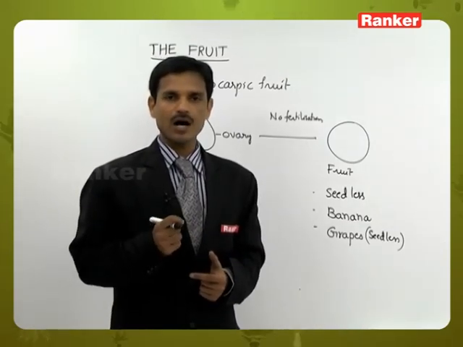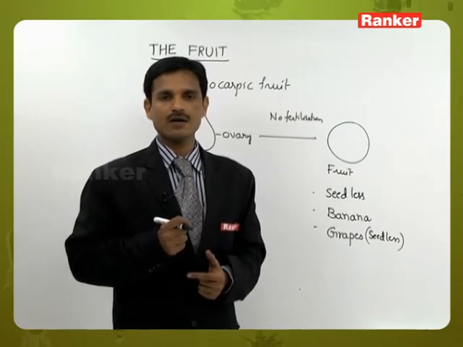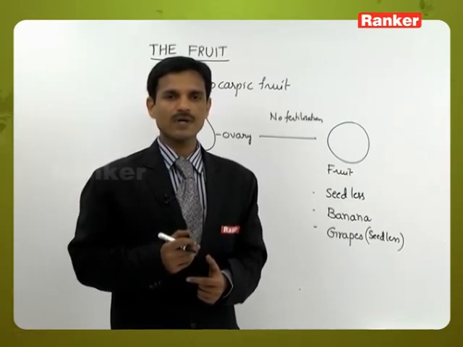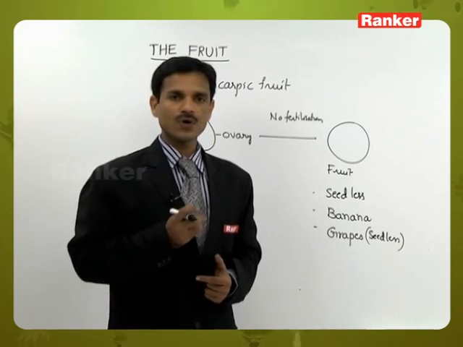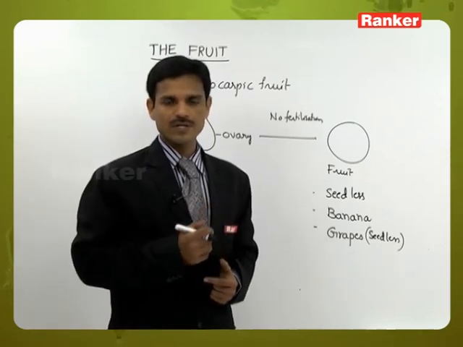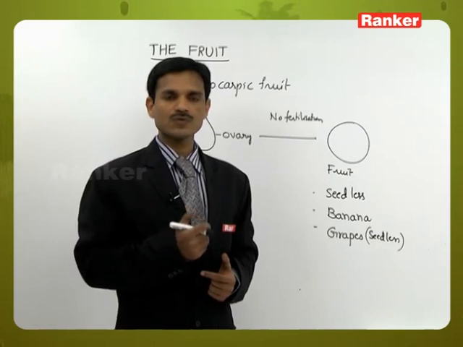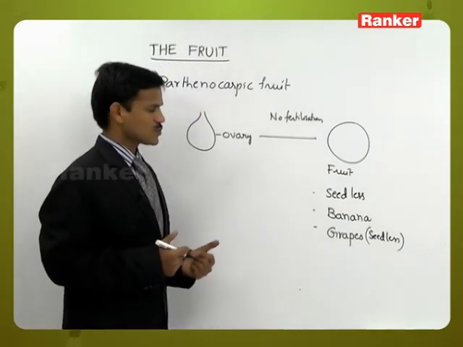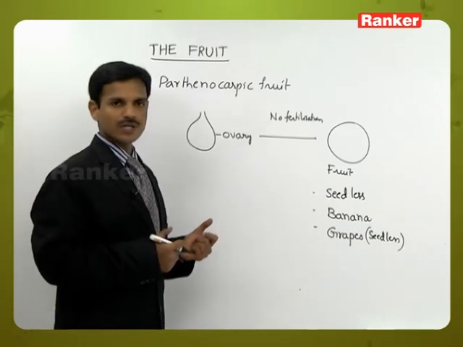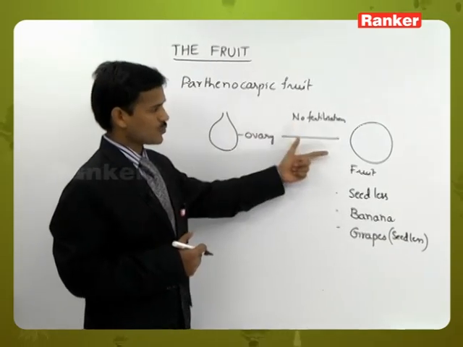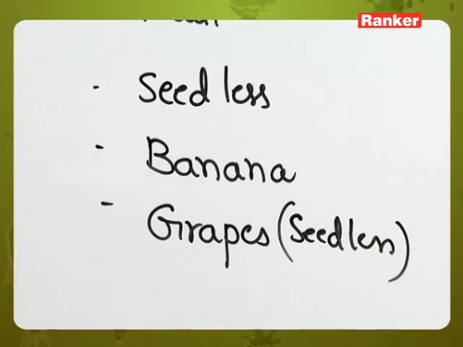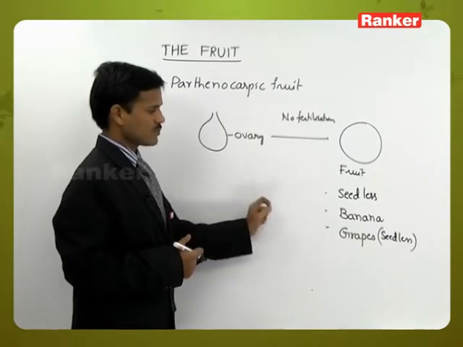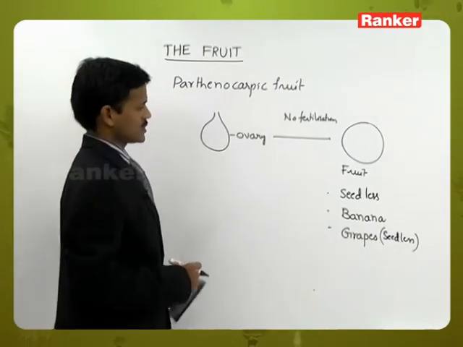Some hormones like auxins, gibberellins induce the ovaries to develop into fruits without fertilization. So parthenocarpic fruit, examples: banana and grapes.